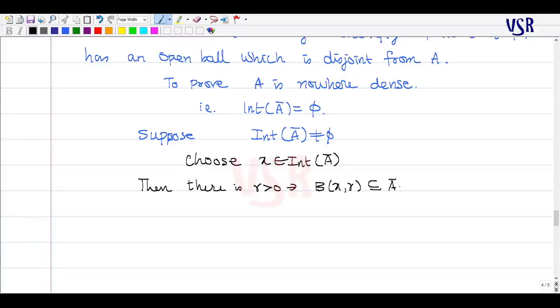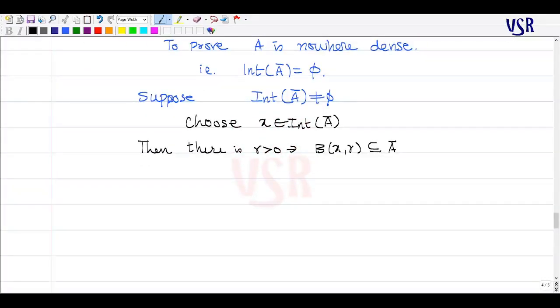Okay, and let us take this to be my G. Take G equal to ball with the center x radius R. This is an open ball, a non-empty open set. Every open ball is an open set. G is a non-empty open set because x belongs to G.